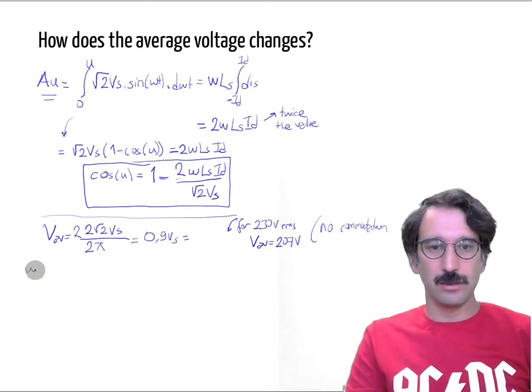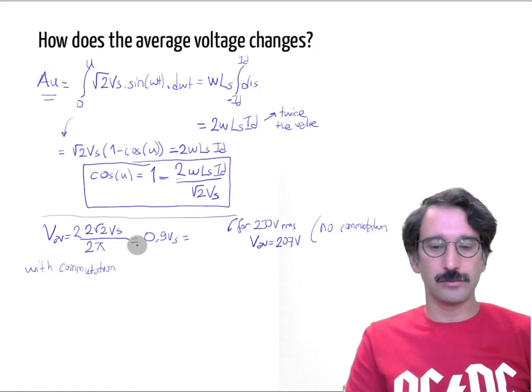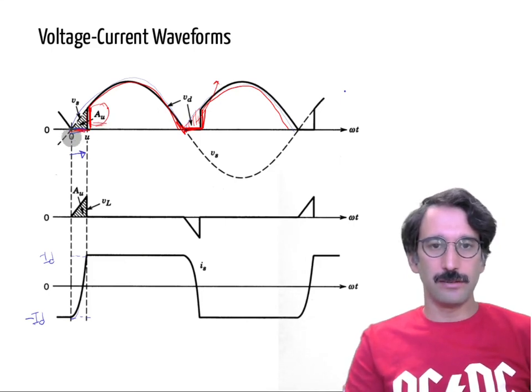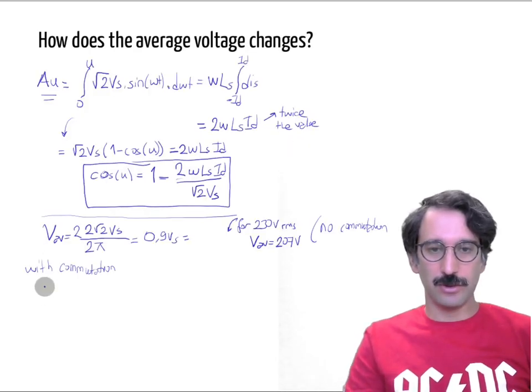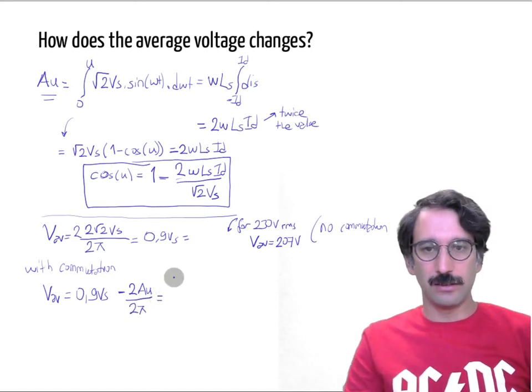So what happens with commutation? I have that area without commutation, and I am losing that area not once but twice here. So I need to subtract: my average voltage is 0.9 Vs minus 2 times AU divided by 2 pi, and actually I can write it like that.